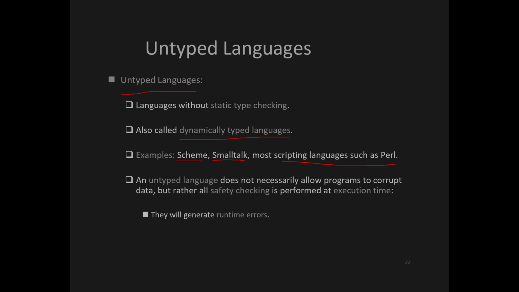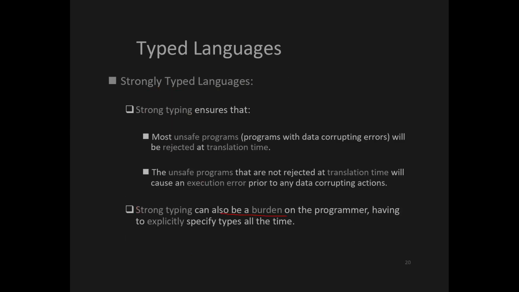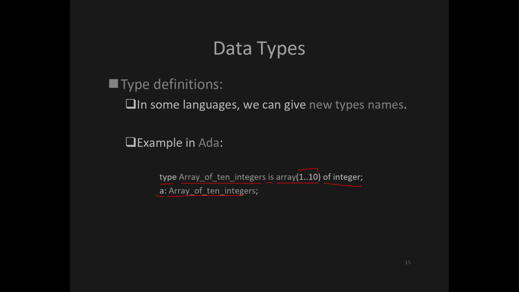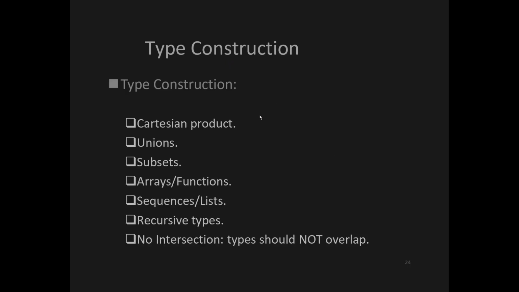So yeah, moving on. Type construction. How do we actually define more complex data types? We saw earlier the array of 10 integers example, but there's a whole science to this and to data types in general, type theory. So this is kind of a big area in reality, but we'll cover just basic stuff.